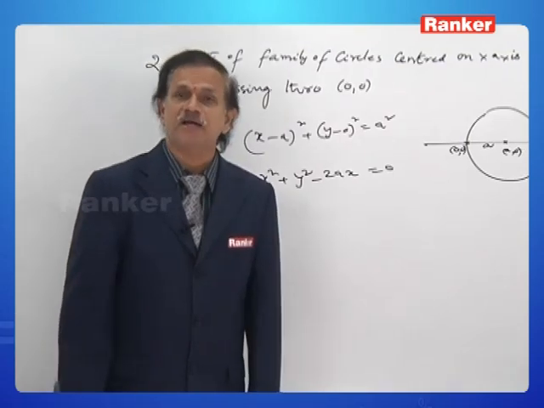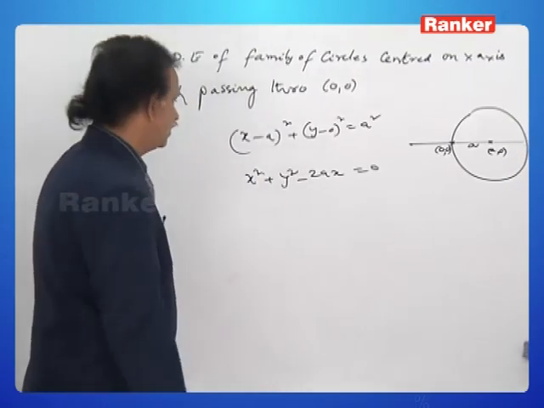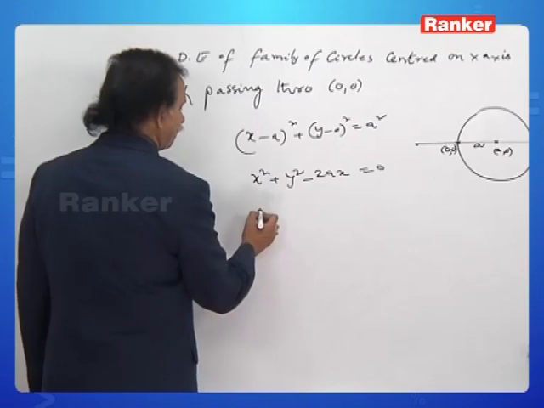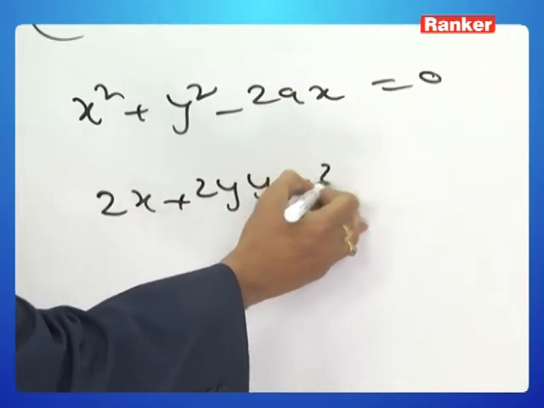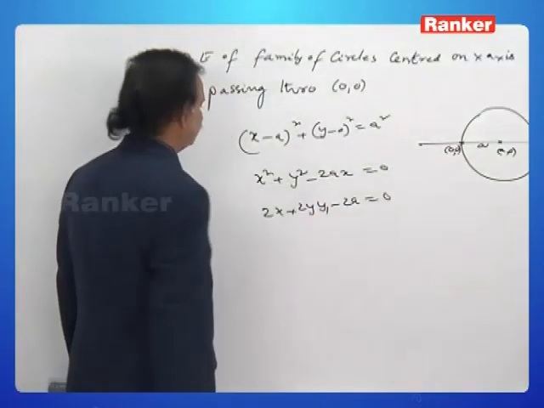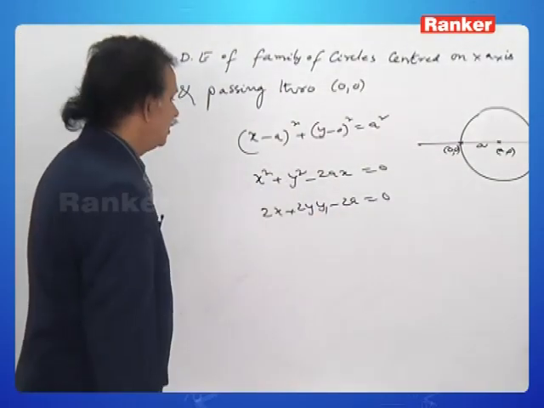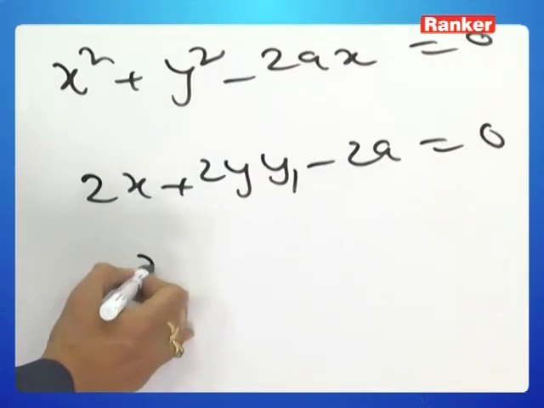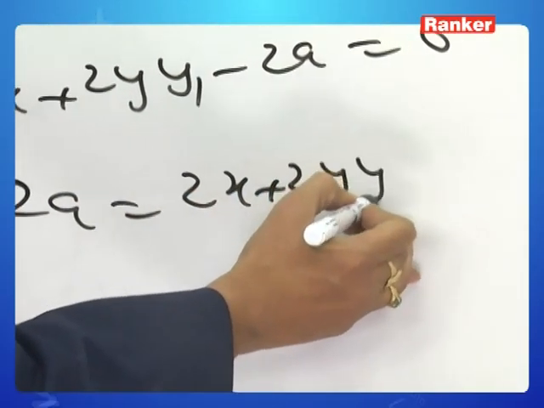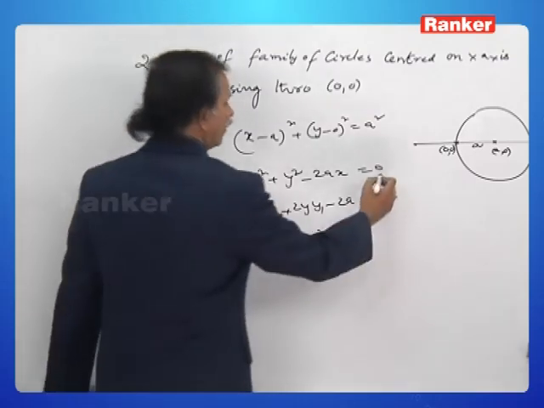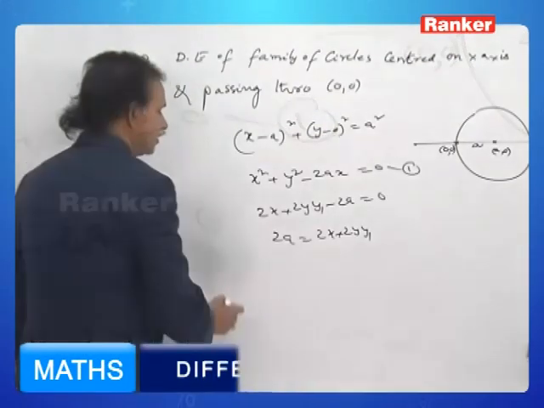So, you find the differential equation. How can you get it? 2x plus 2y y1 minus 2a is equal to 0. Well done. So 2a is equal to 2x plus 2y y1. Call this equation 1.